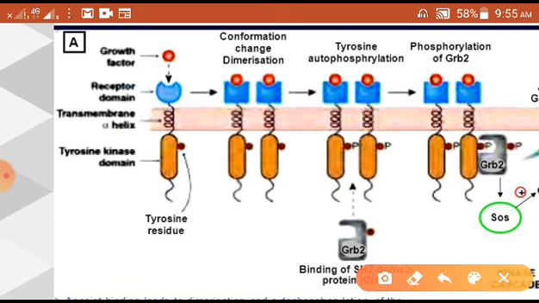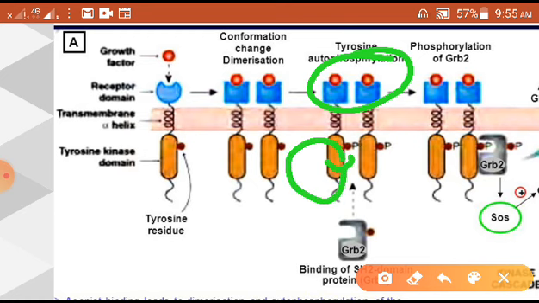Once the agonist binds with it and dimerization completes, what happens? This enzyme phosphorylates its own units, sometimes like this, sometimes like this.